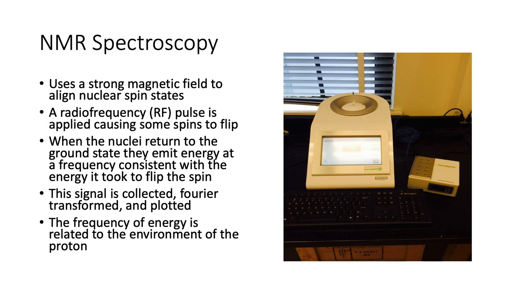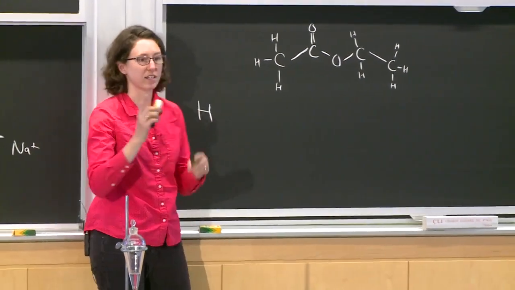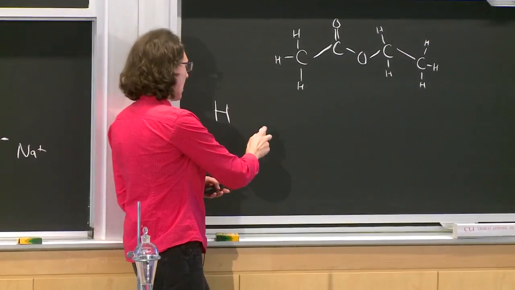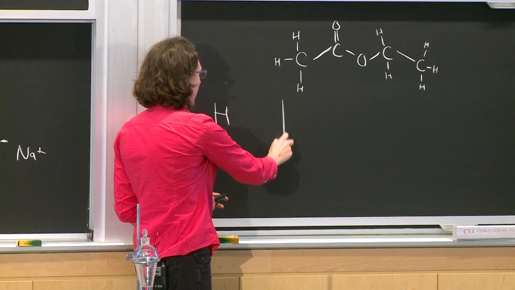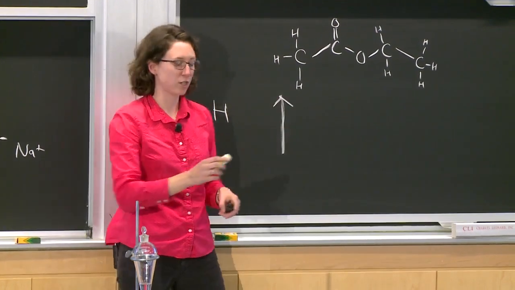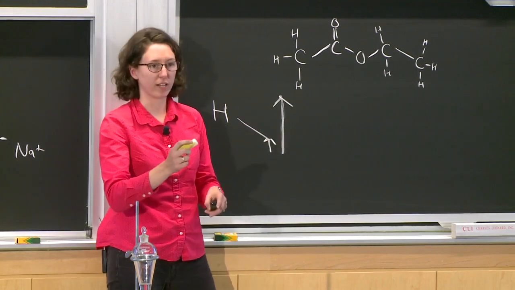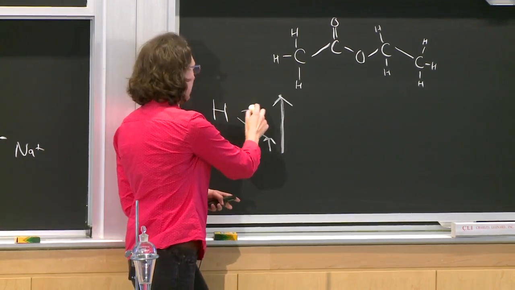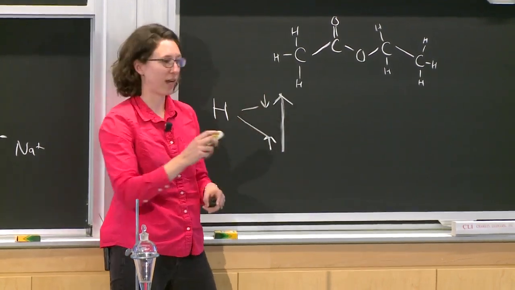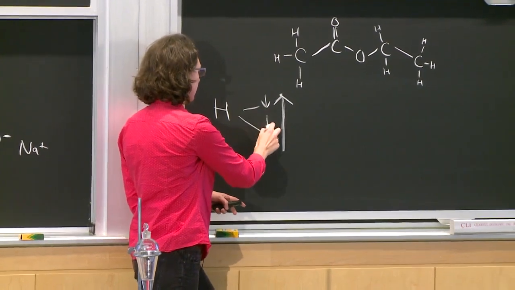And you don't have to know too much about that, at least for right now. I'm sure Walt will talk more about it. But the hydrogen nucleus has a spin associated with it. And if you apply a magnetic field in a certain direction, the spin can either align with the magnetic field, which is the lower energy state, or it can go against the magnetic field, which is a little bit higher in energy. And so this is a difference in energy here.